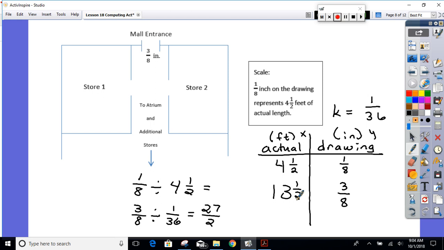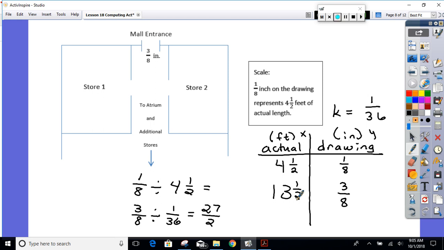Okay, now we found the scale ratio to be 1 over 36. Does that tell us that the drawing is 1/36 the size of the original? No, what do we need to do to find that out? Nope, doesn't work this time.